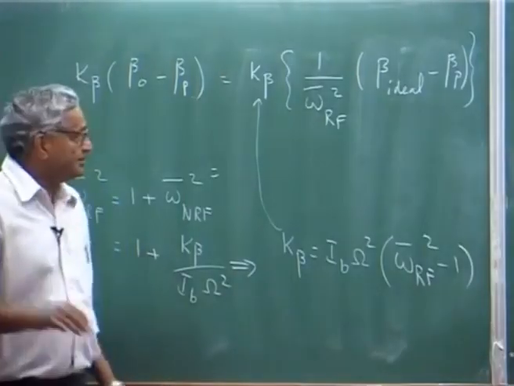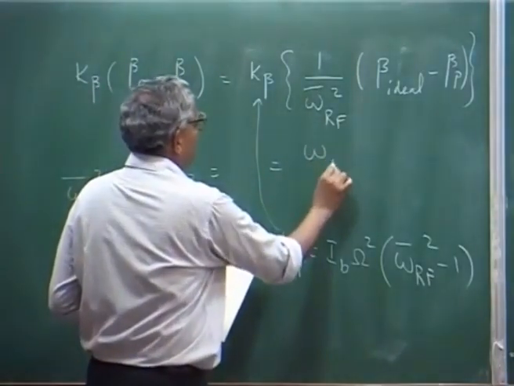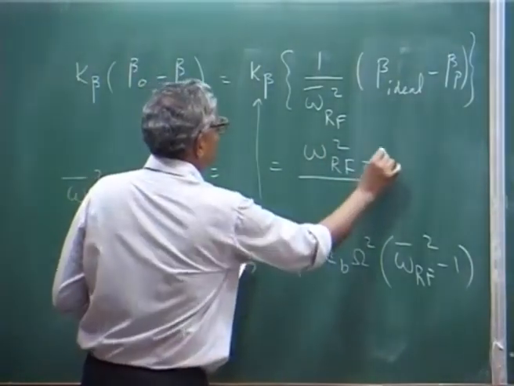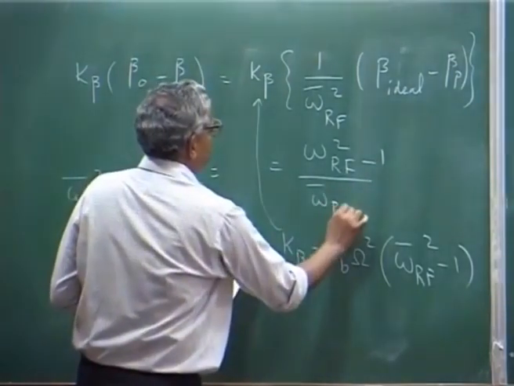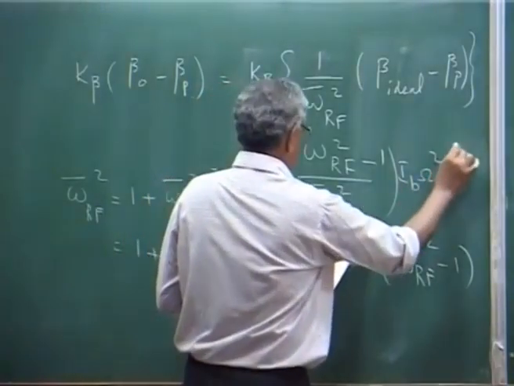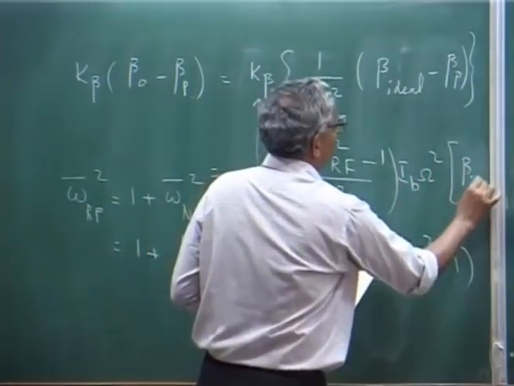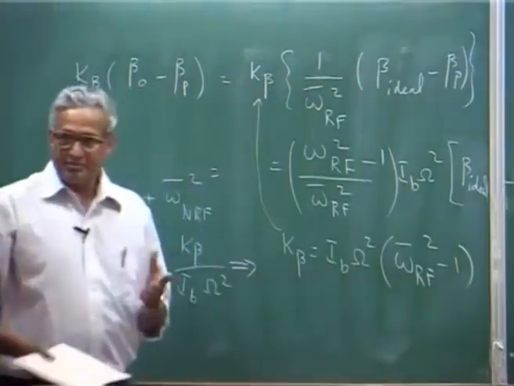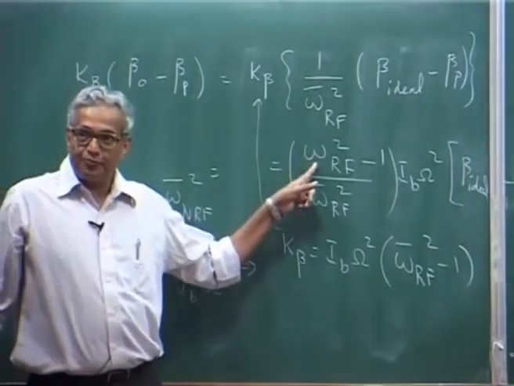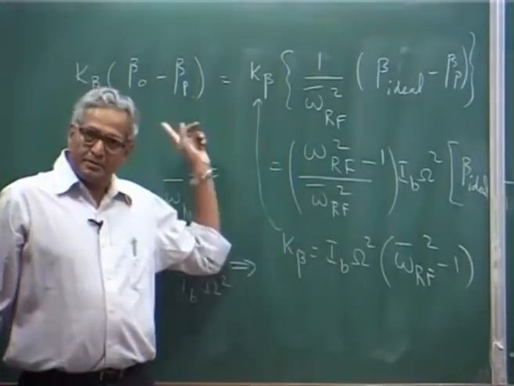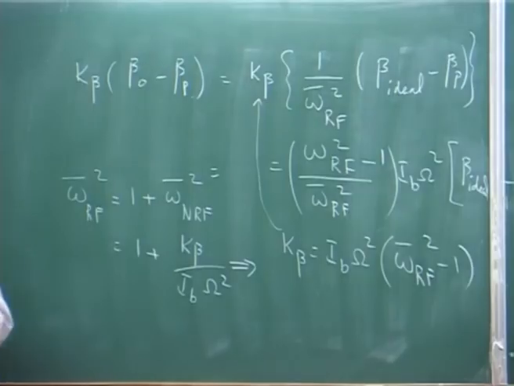Now, everything will be in terms of over minus 1 and IB omega square beta ideal minus beta p. So, you see automatically whenever the rotating flap frequency is equal to 1, root moment is 0, you do not get any hub moment.